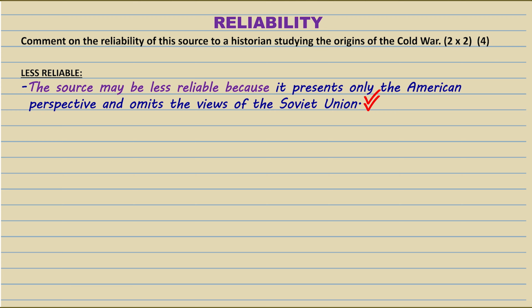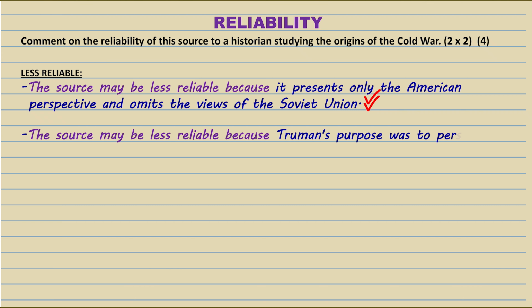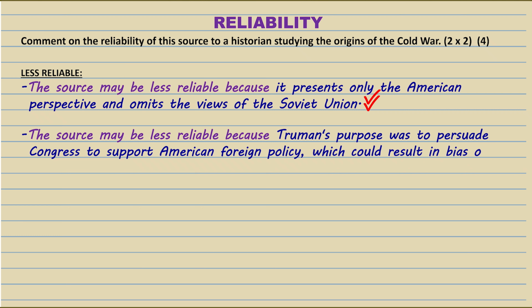We can reach a similar judgment by looking at what Truman was trying to achieve. The source may be less reliable because Truman's purpose was to persuade Congress to support American foreign policy, which could result in bias or exaggeration of the communist threat. Here we looked at what Truman was trying to achieve by making the speech.